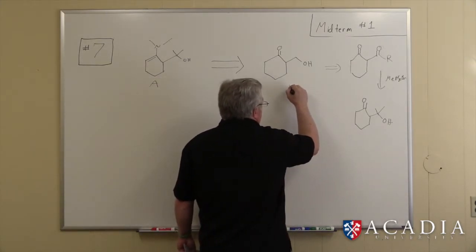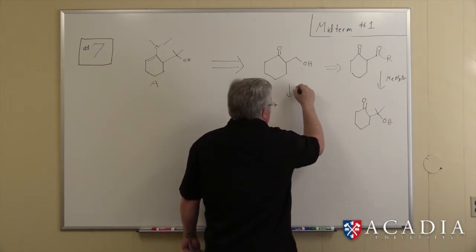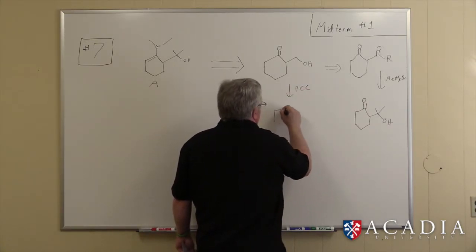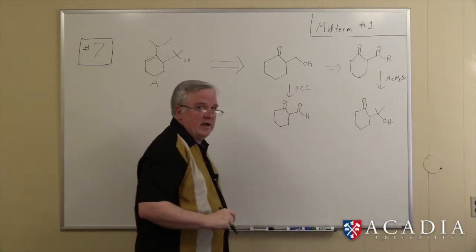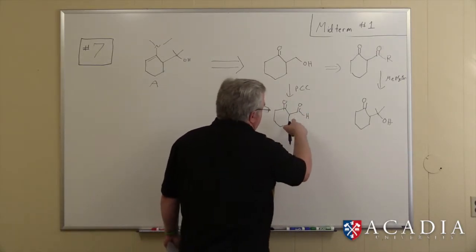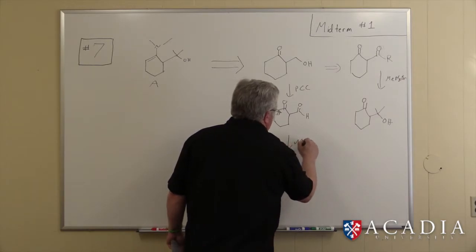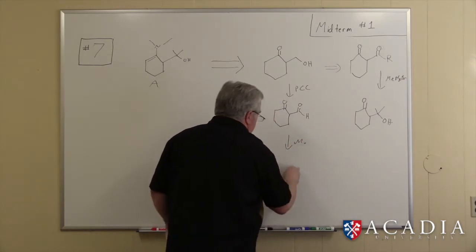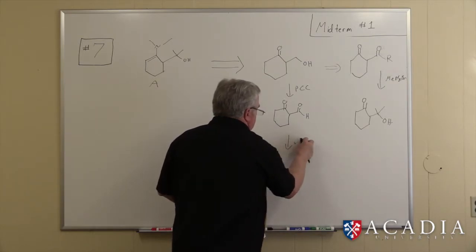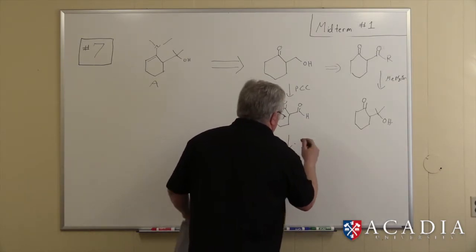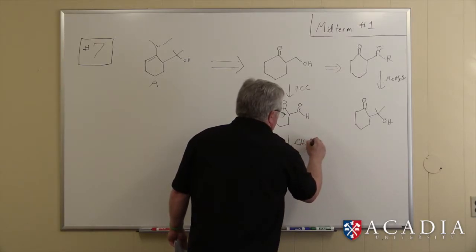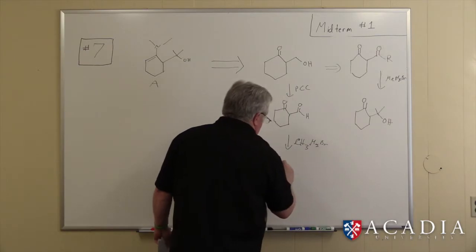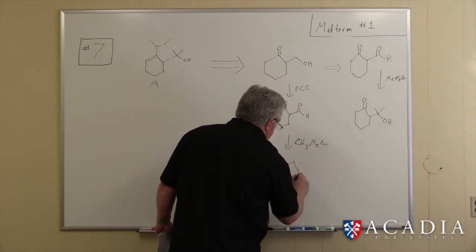One, I could react this with PCC, and that gives me the aldehyde. I could react that with methyl magnesium bromide, and that will give me what I want, but there's a problem.